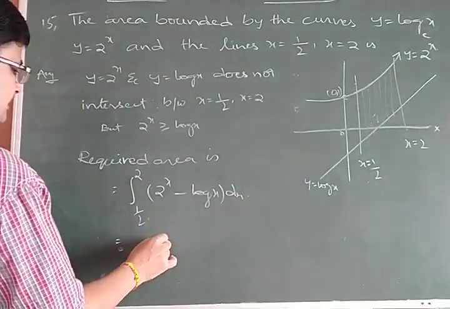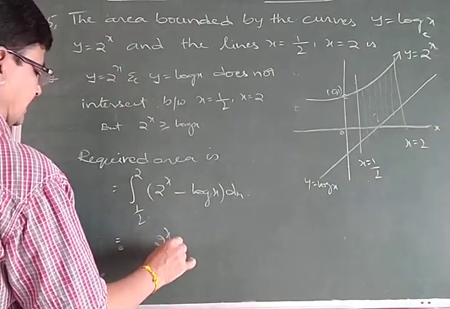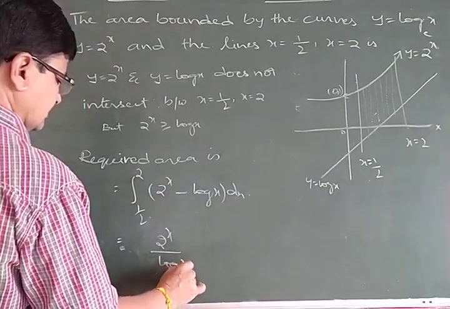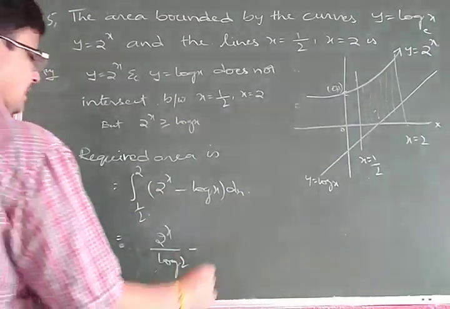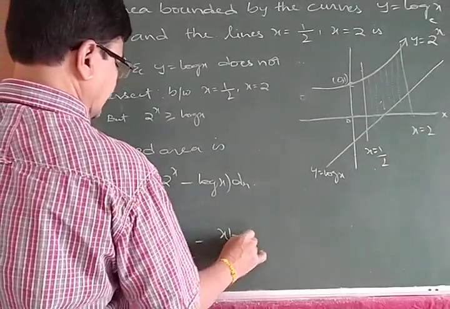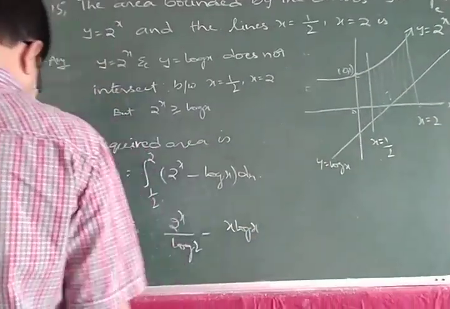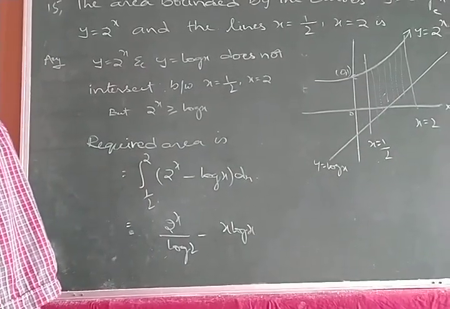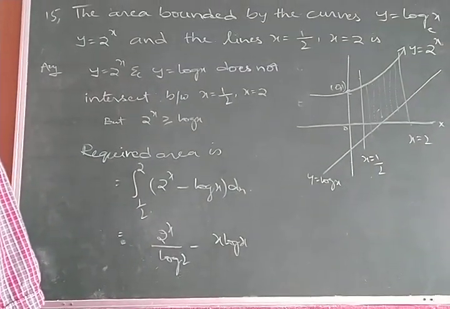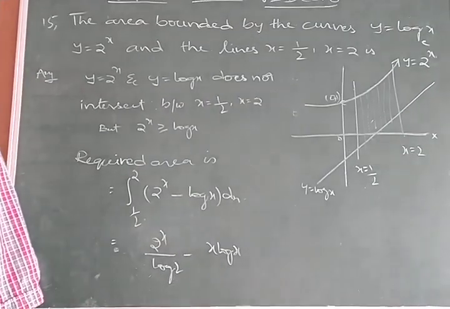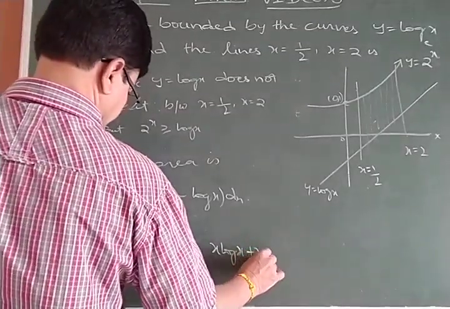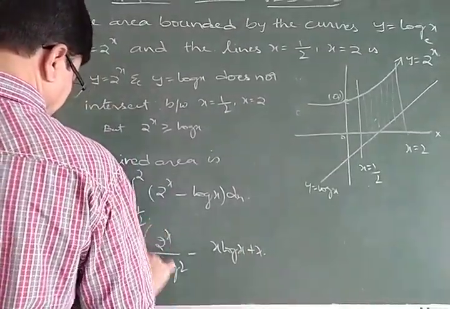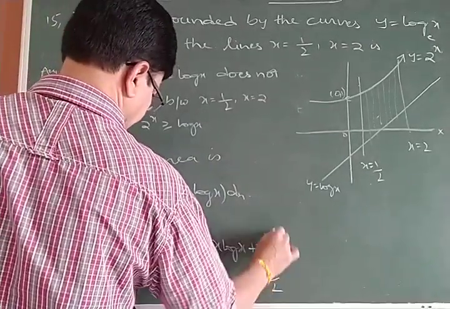The integral of 2 to the power of x is 2 power x by log 2, minus the integral of log x, which is x log x minus x, from 1 by 2 to 2.